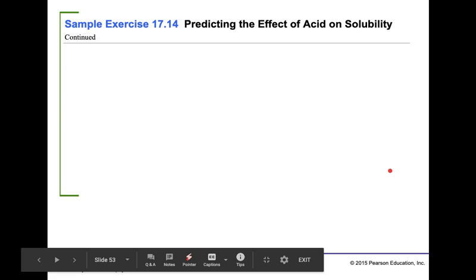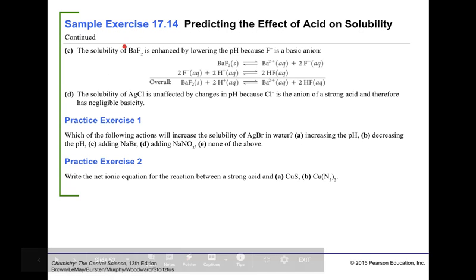Okay. So let's look at C. What about BaF? Again, fluorine, basic anion, right? Because it's going to create that hydrofluoric acid. And the solubility of silver chloride is unaffected by changes in pH because chlorine is the anion of a strong acid, so therefore it has negligible basicity, right?